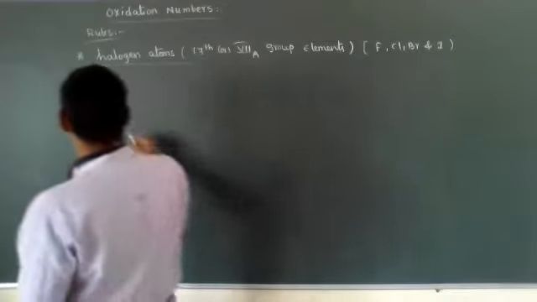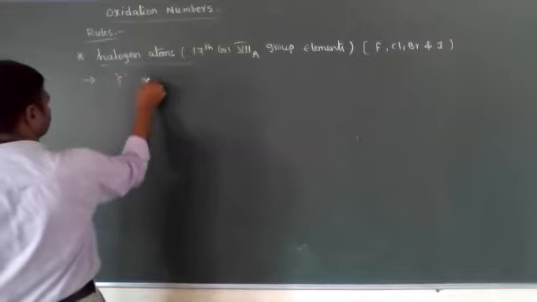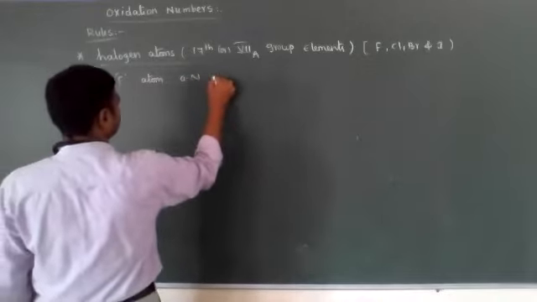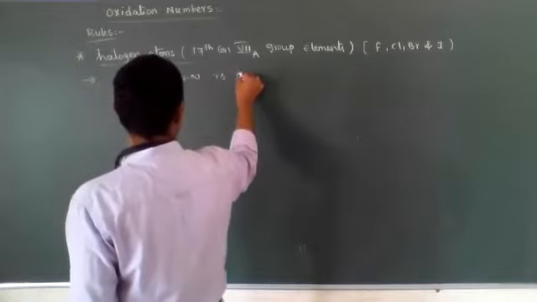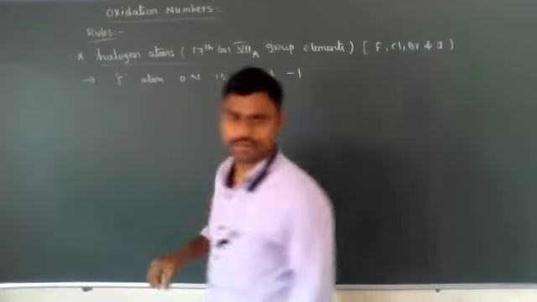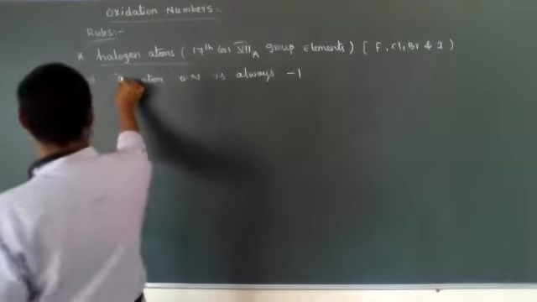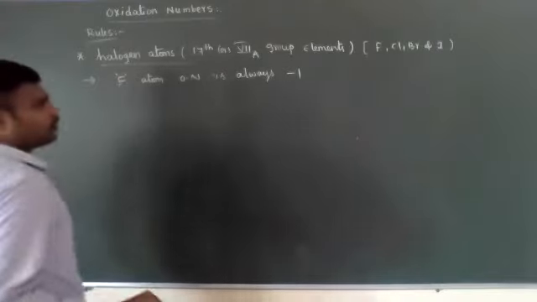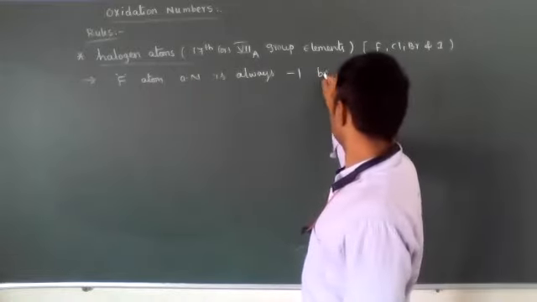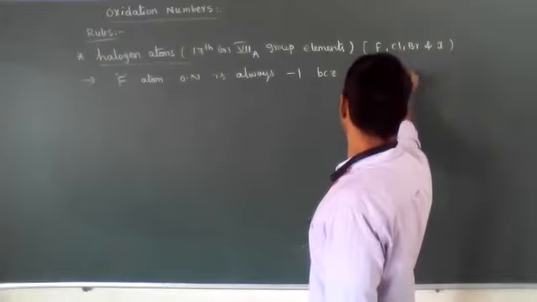So in that, fluorine atom oxidation number is always -1. Whenever fluorine atom is present in any compound, its oxidation number, how much do we need to consider? -1 only. Always -1, because it is the most electronegative.